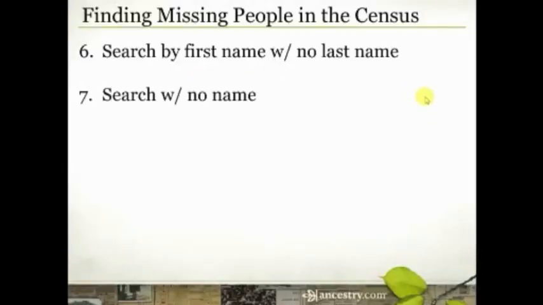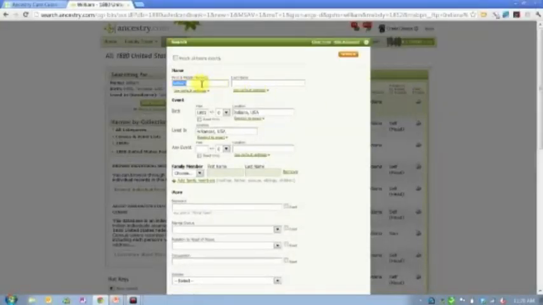The next option may seem a little counterintuitive to some of you, but try searching with no name, and you can do that. Every time I talk about this, people are like, you can do that? Of course you can do that.